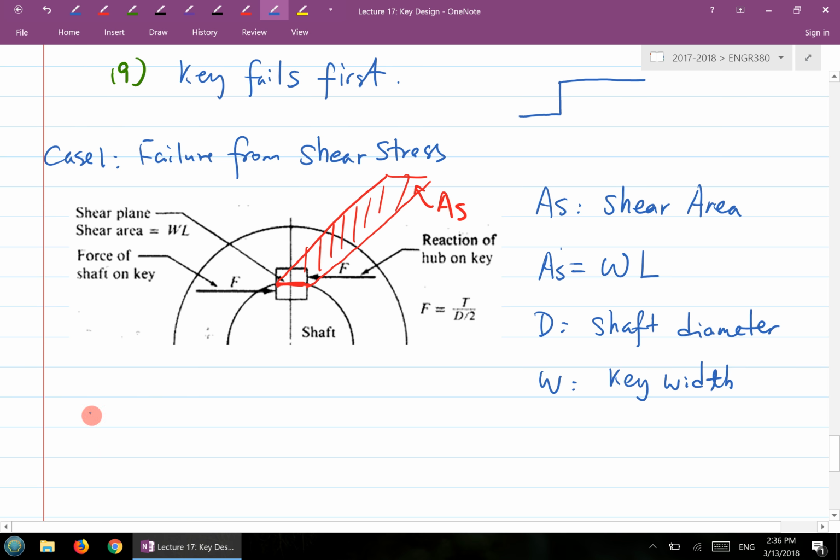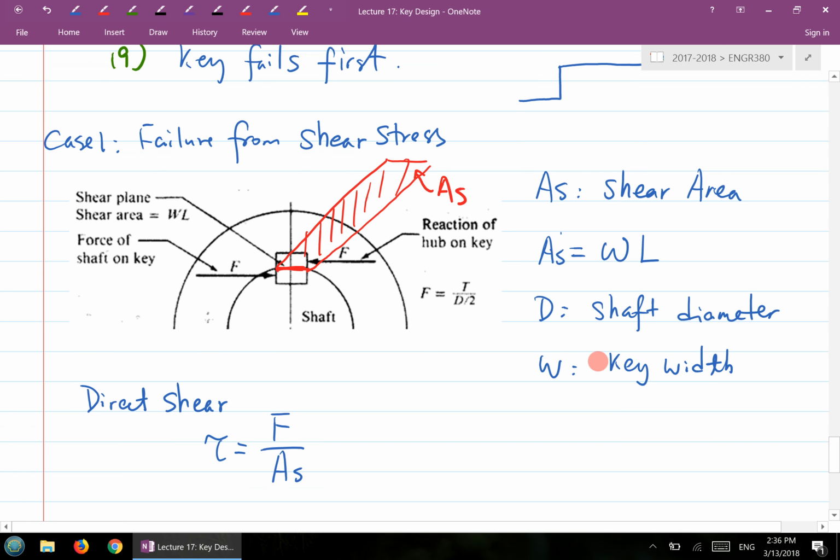So now let's calculate this direct shear. Direct shear is the result of this force F, so tau equals F over the direct shear area, AS. And that's the direct shear tau.